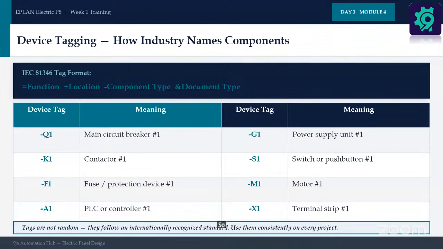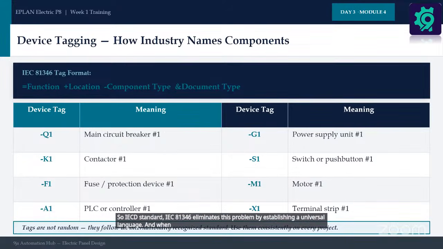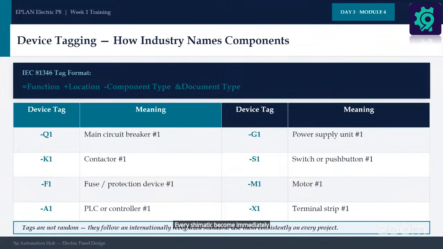So this standard, IEC 81346, eliminates this problem by establishing a universal language. When every engineer in every country who designs to the IEC standard uses the same classification letters, every schematic becomes immediately readable by every qualified engineer.